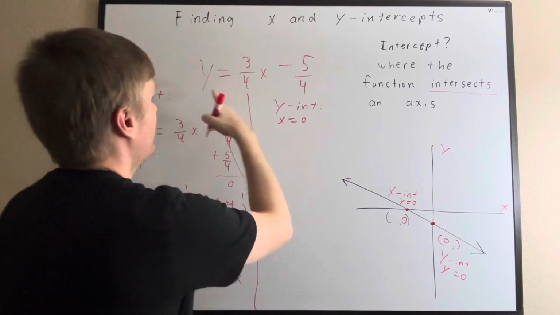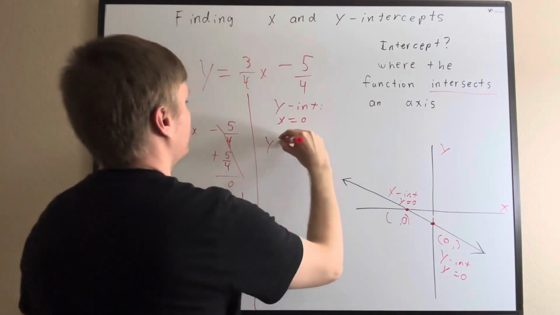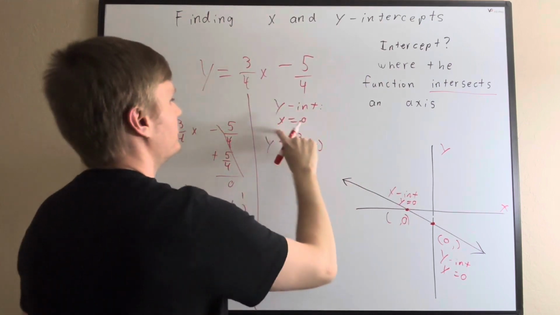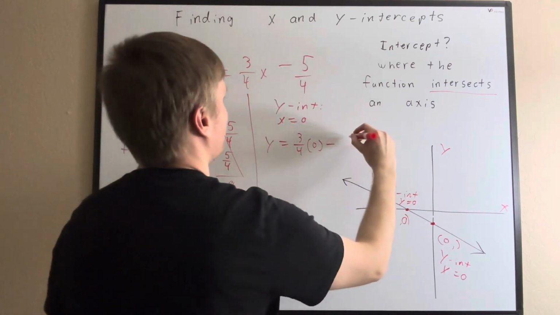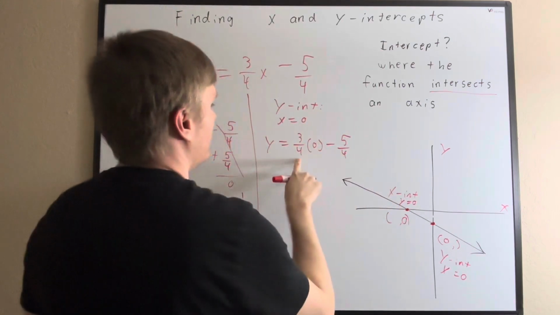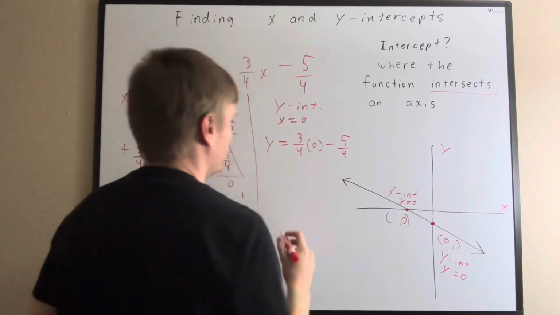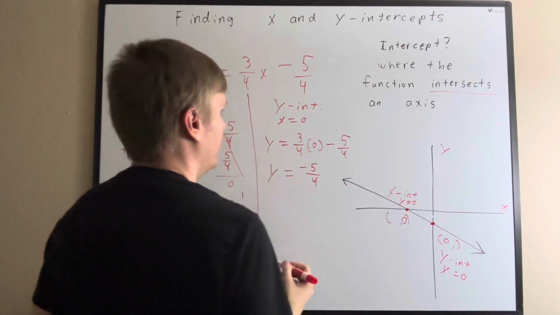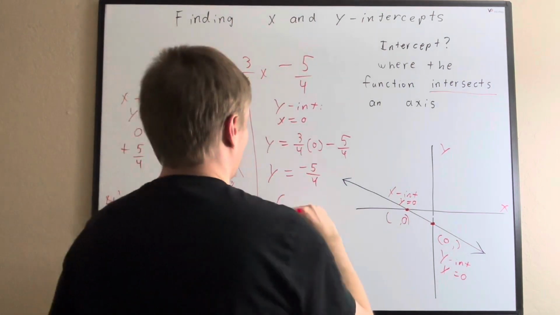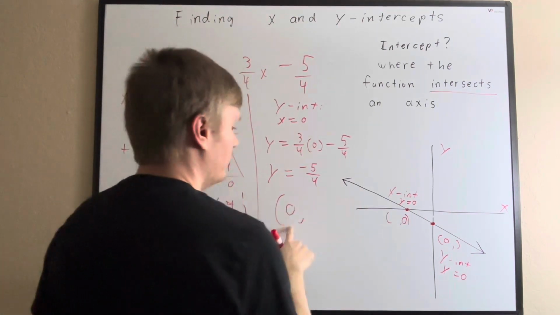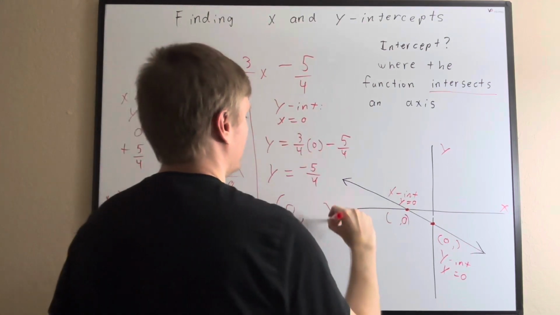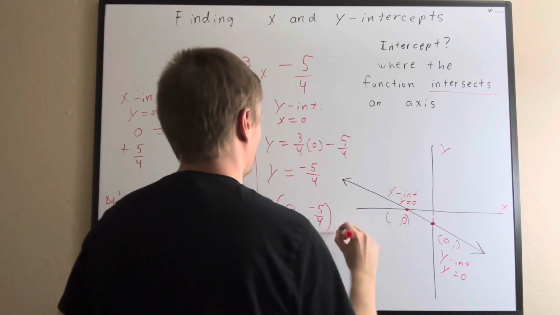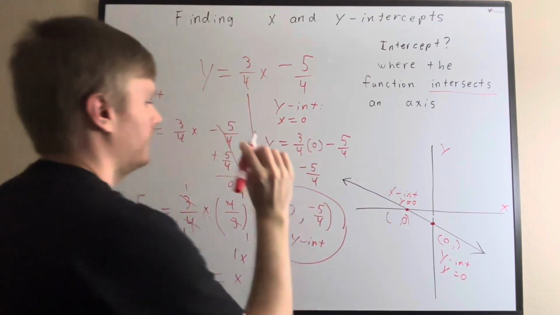Separate our work here. For the y-intercept, x equals 0. So y equals 3/4 times 0, because we're substituting 0 in for x. Anything times 0 is 0, so y equals -5/4. Well, that was pretty easy. Still not done yet. The ordered pair is 0 for x, -5/4 for y. Now we're done.